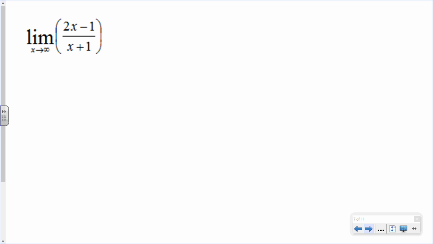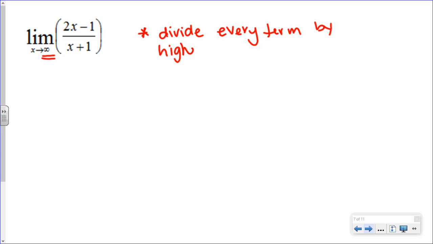Okay? So I'm going to show you this strategy, and then we're going to talk about a different way. Okay? So the strategy that I have, if you have a limit towards infinity of a rational function, you can divide every term by the highest degree in your denominator.